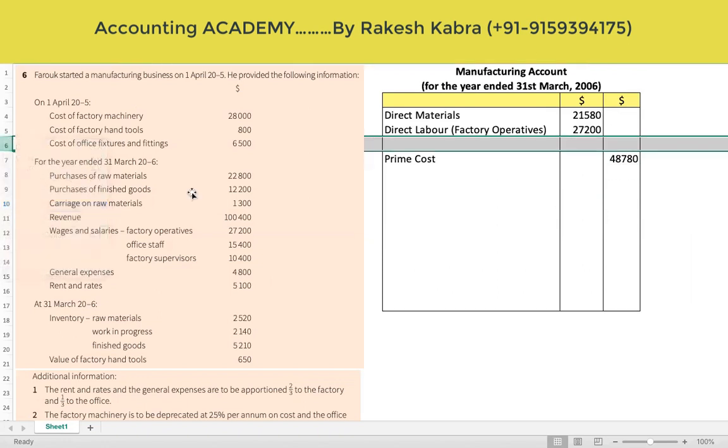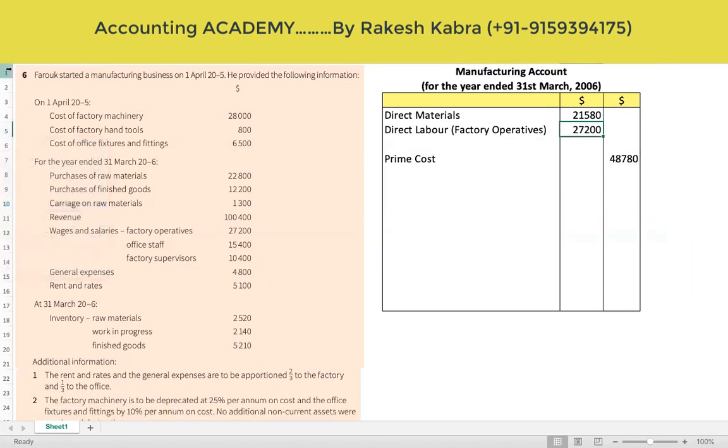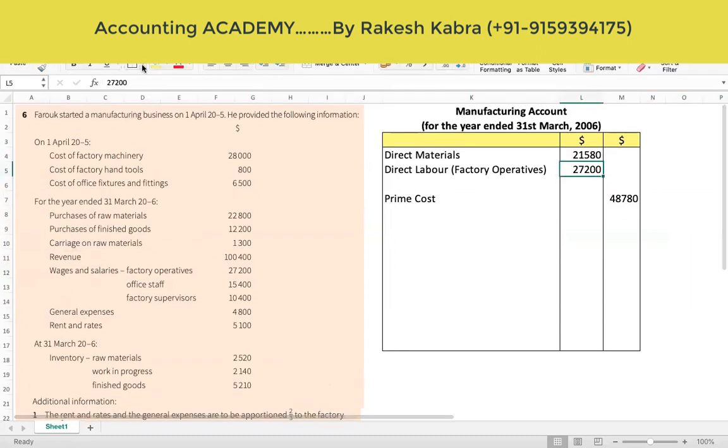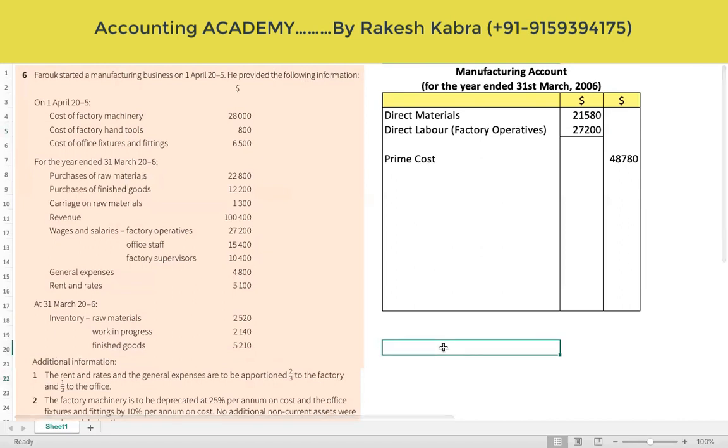What are the possible direct expenses that can be in a question? See, I will give you: royalty is a direct expense. Royalties will be direct expenses, and the cost of special designs.